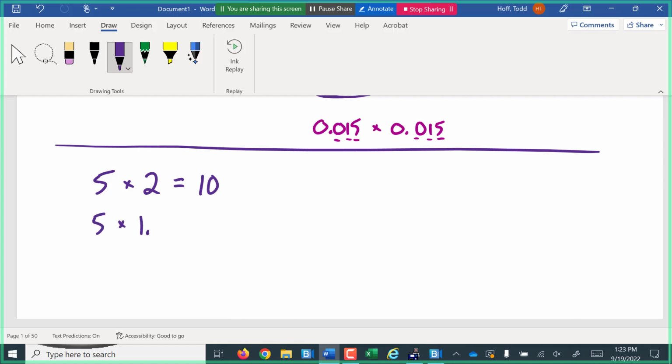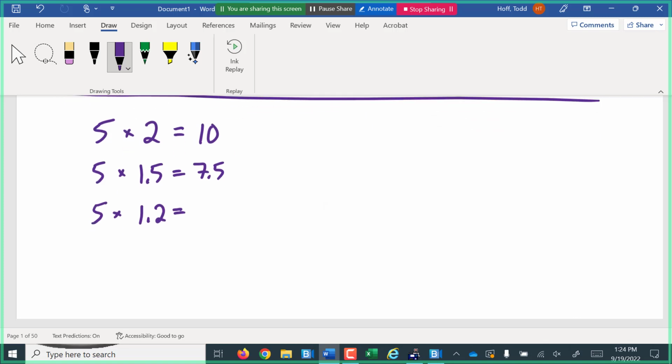If I multiply by 1.5, can anybody tell me what that gives me? 7.5. Good. 1.2 then would be 6. Good.